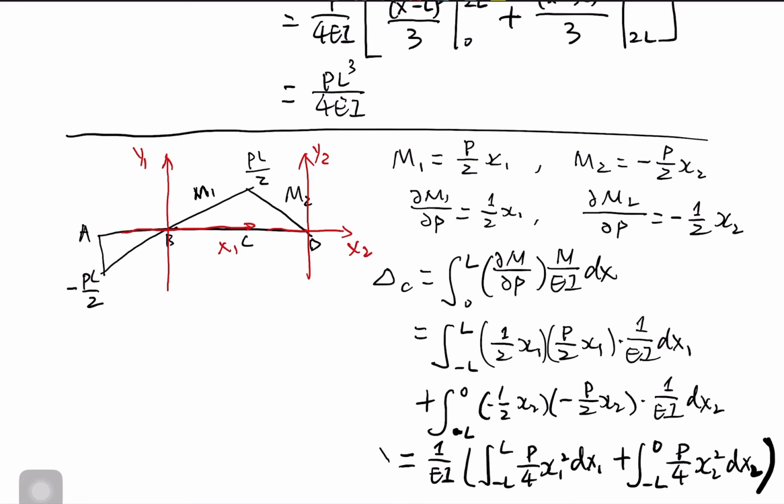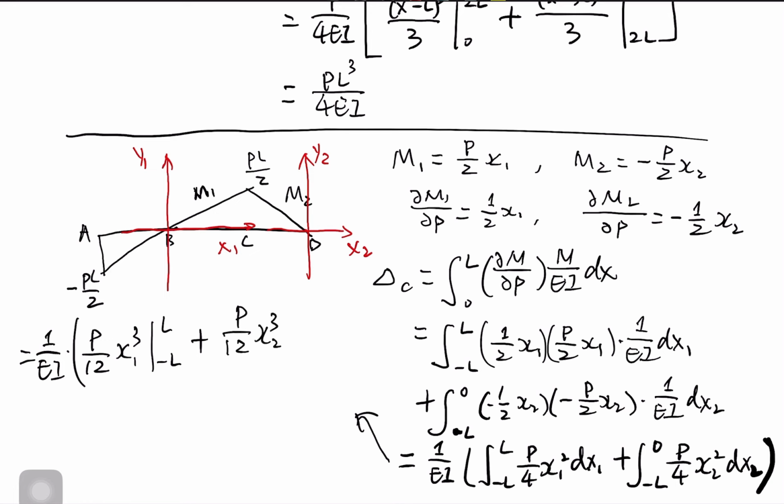If we evaluate these integrals, we will have 1 over EI, a bracket with P over 12 x1 cubed from minus L to L, plus P over 12 x2 cubed from negative L to 0. We can easily evaluate these two terms, and we will have P L cubed over 4EI.